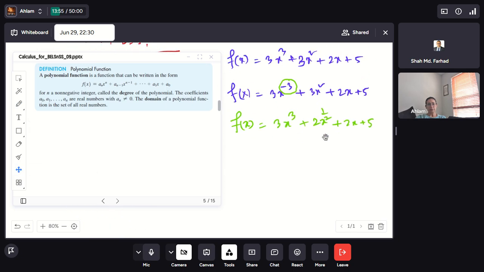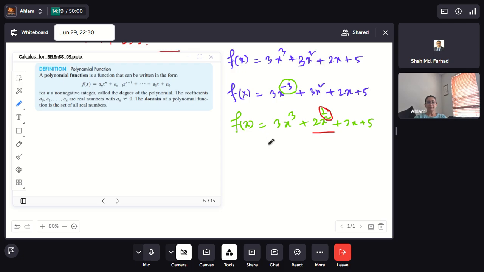Will it be a polynomial? No. Look, it must be a positive integer. So this one is a fraction, not an integer number. That's why it will not be a polynomial function.